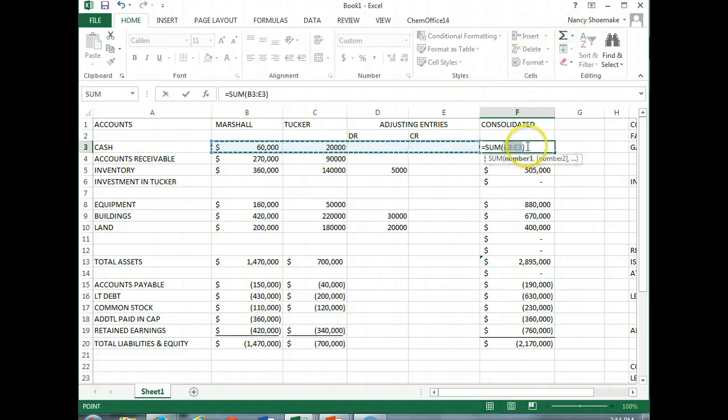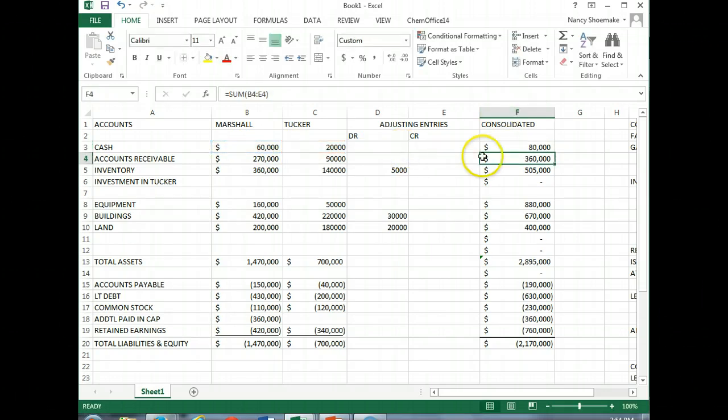So I'm going to basically do, let me just do this. I'm sorry, guys. Equals this plus this minus the credits. Then if I take that and I bring it down, we should balance. Let's see if that's right.